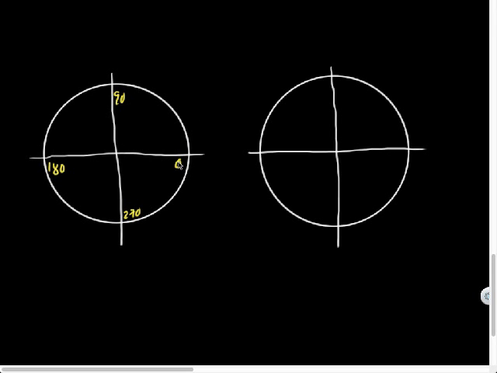So 0 is going to be the same as 0 radians, all right? And 360 is going to be the same as how many radians? How many radians were in one full revolution? 6.28, or we'll call that 2 pi.